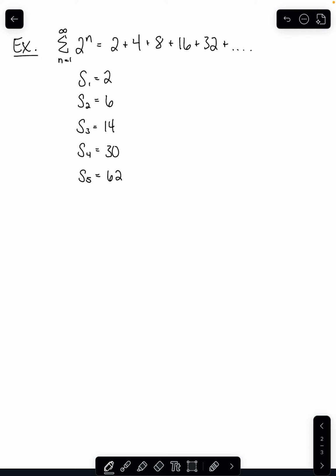If the sums keep doubling, or more than doubling actually, then certainly the limit of partial sums will approach infinity. And again, that's not hard to see. Obviously, if we keep adding bigger and bigger and bigger things, we will get an infinite sum.